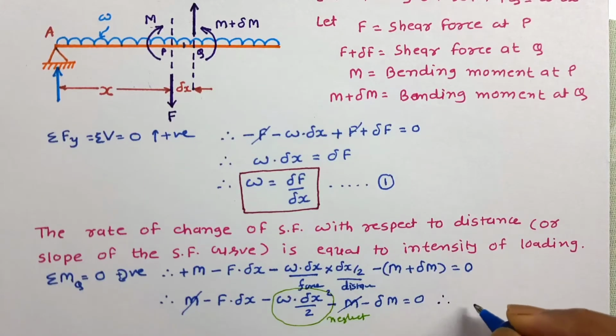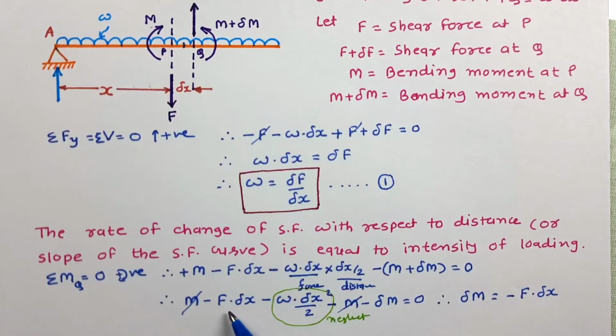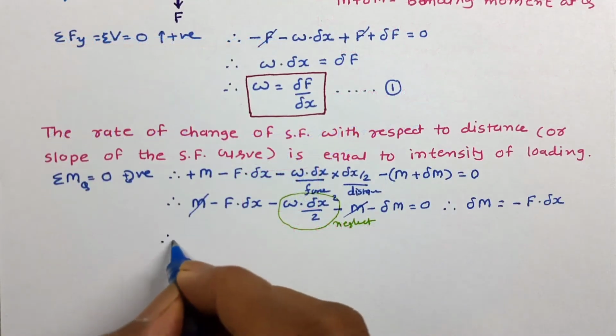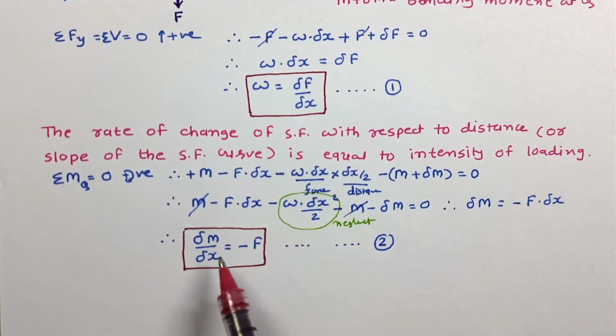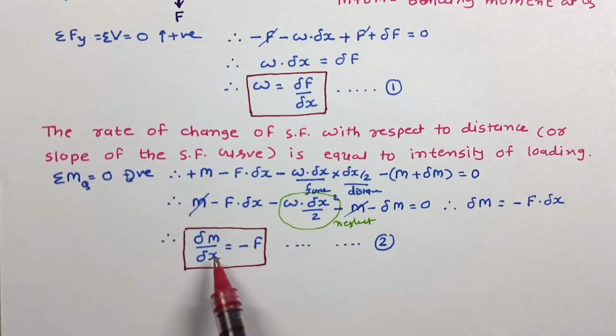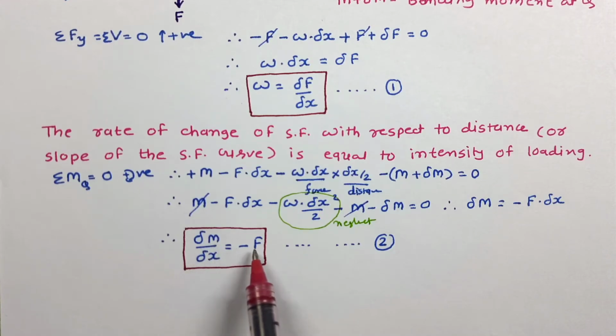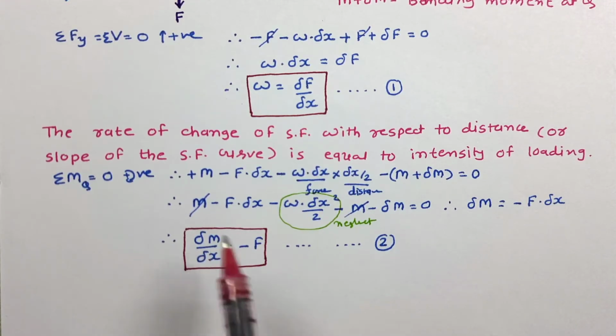On simplifying, only these two terms are left. If we take the other term to the other side of the equation, it simplifies to del M equal to minus F del x. So this is another important equation for us, which shows the relationship between shear force and bending moment.